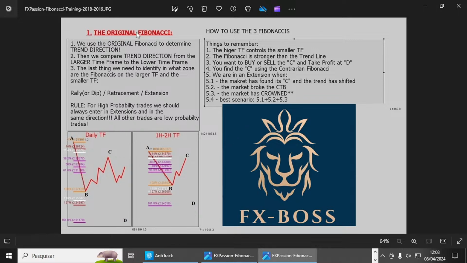The original Fibonacci, we use the original Fibonacci to determine trend direction. Then we compare trend direction from the larger time frame to the lower time frame. The last thing we need to identify is in what zone are the Fibonaccis, talking about the original Fibonacci, on the larger time frame and the smaller time frame.